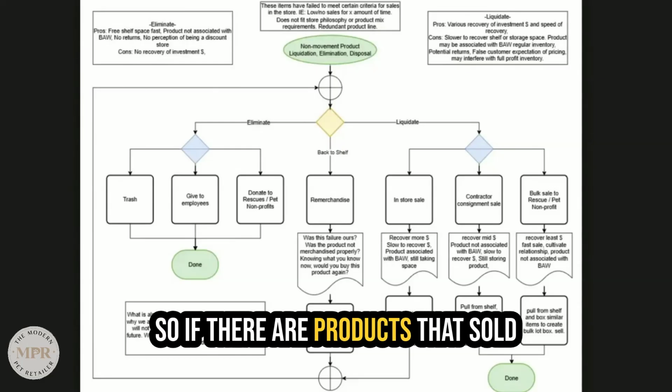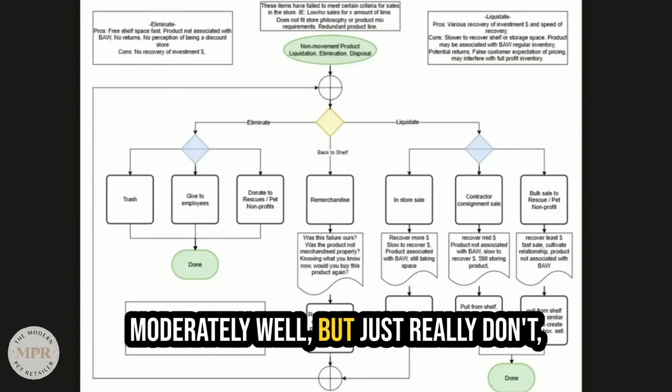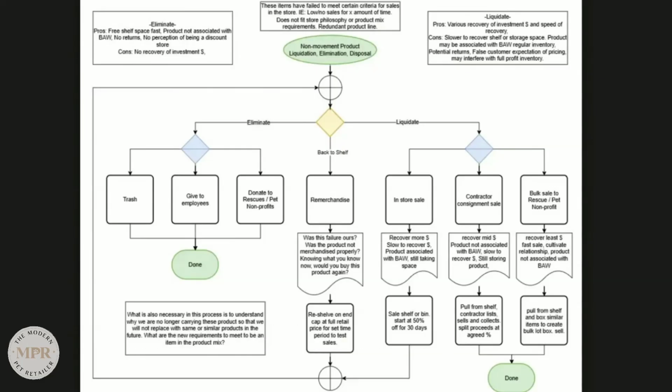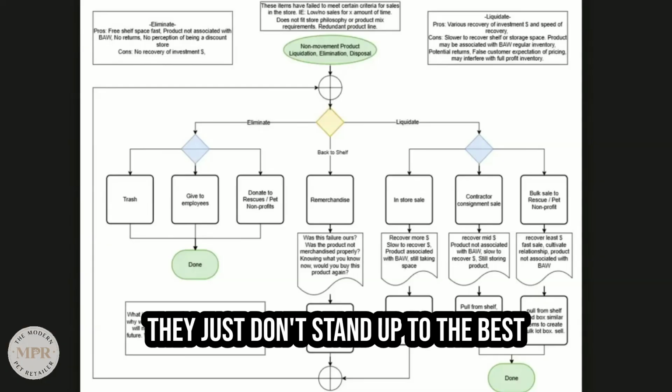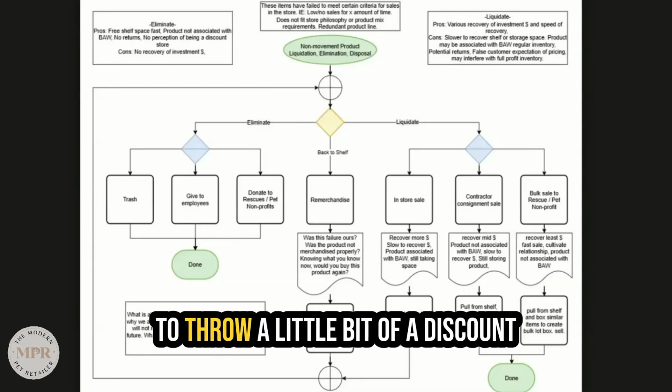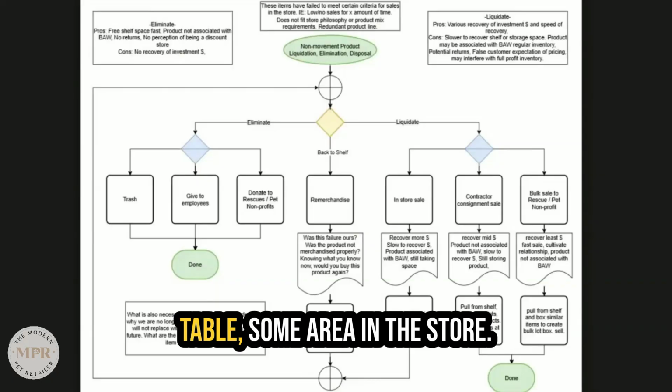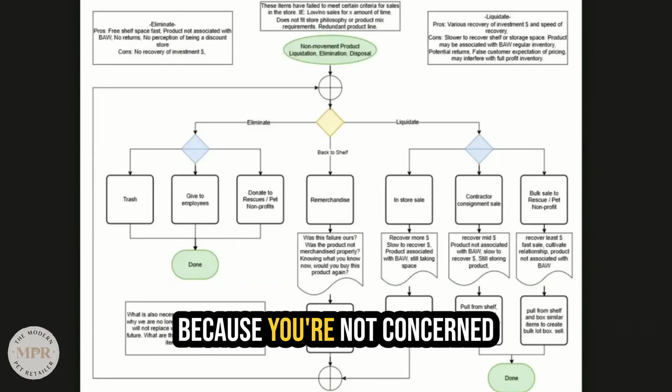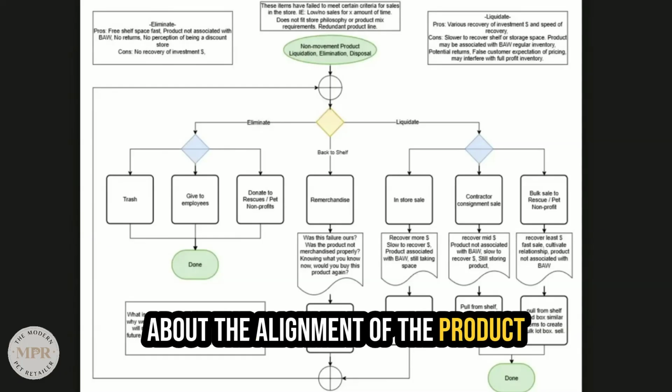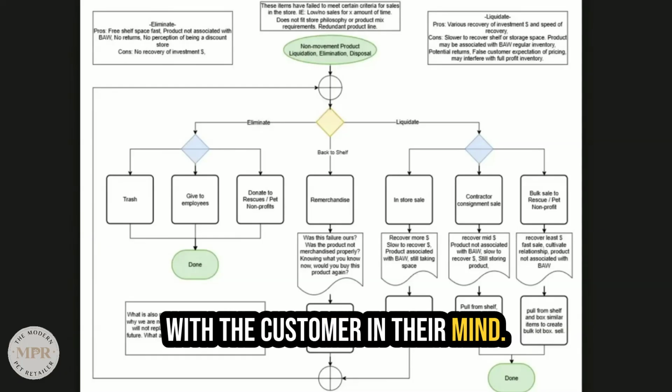So if there are products that sold moderately well, but they just don't stand up to the best products in your store, it's okay to throw a little bit of a discount table, some area in the store, just continue to move them out because you're not concerned about the alignment of the product with the customer in their mind.